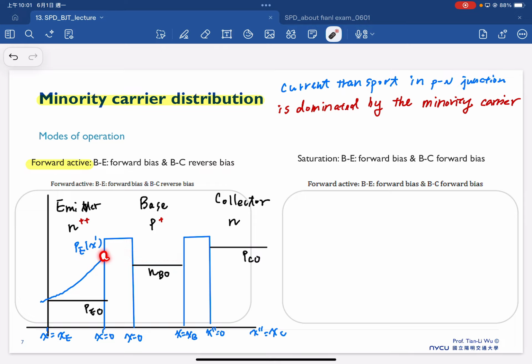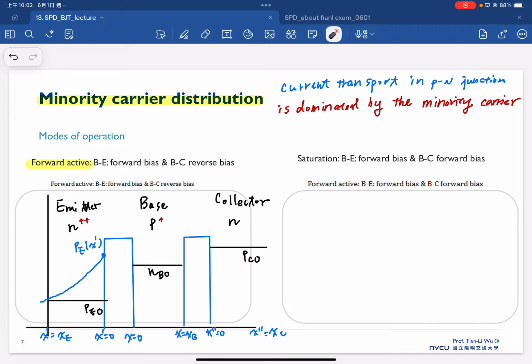And once a hole reaches here, it becomes a minority carrier, and therefore will follow the same equation that we derived before, an exponential decay in concentration. Therefore you will expect to see this kind of hole concentration distribution, and in the end reach the equilibrium hole concentration P_E0 here.